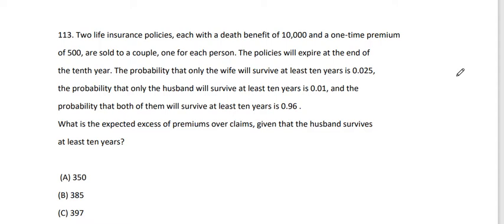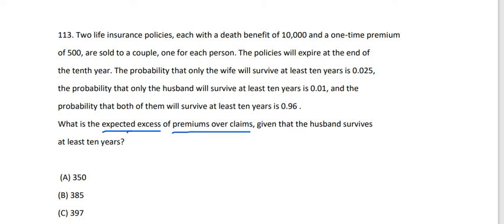So in this problem we want to find the expected value, the expected excess of payment over claim.